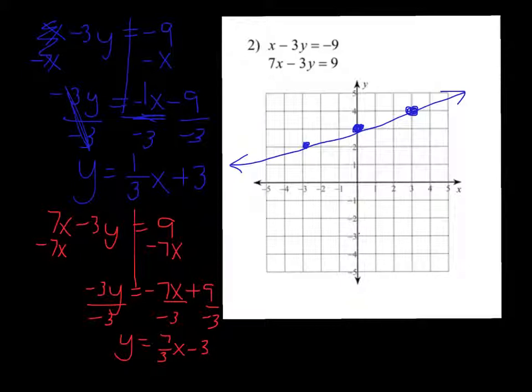My y-intercept is -3. I have a slope of positive 7/3, so I'm going to go up 7, right 3. And that's the only 2 points I'm going to be able to fit on there. So I'm going to go ahead and connect them. And then I'm looking for where the 2 graphs intersect, which is right here at 3, 4. So that would be my solution to this system.